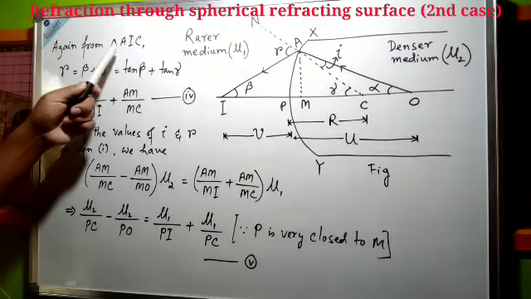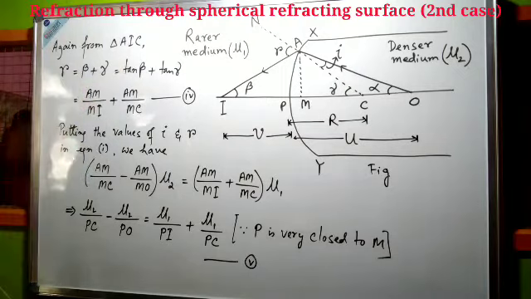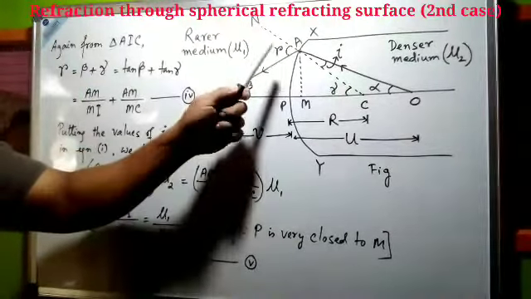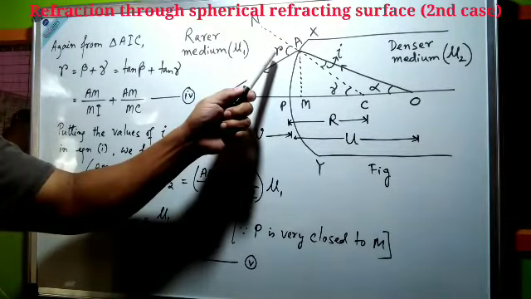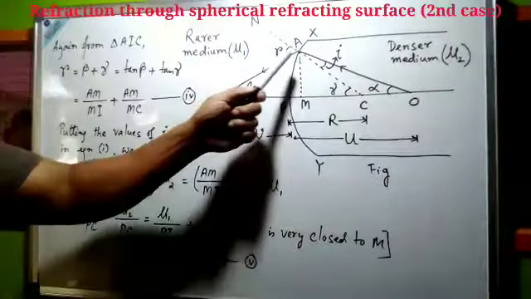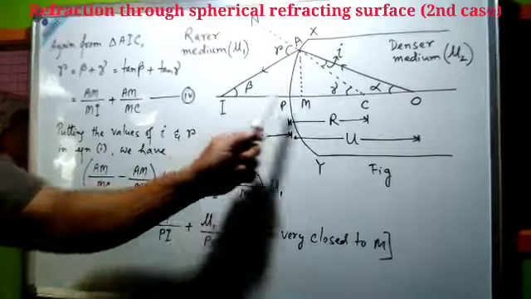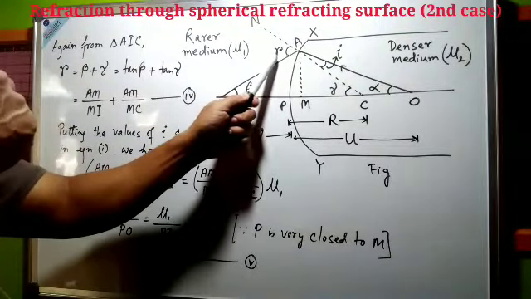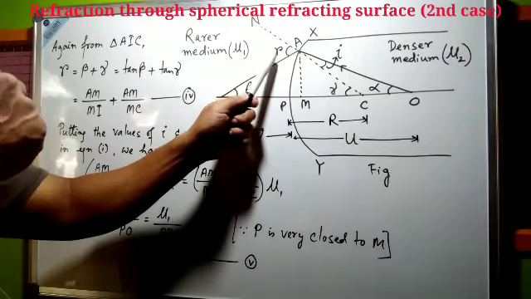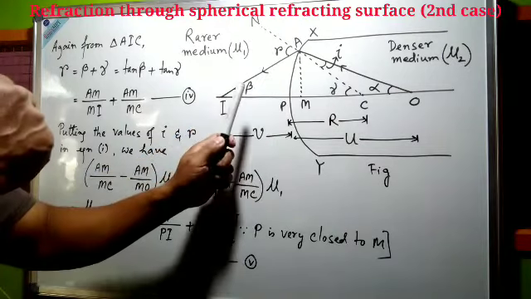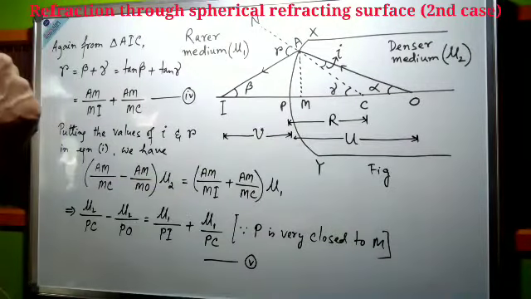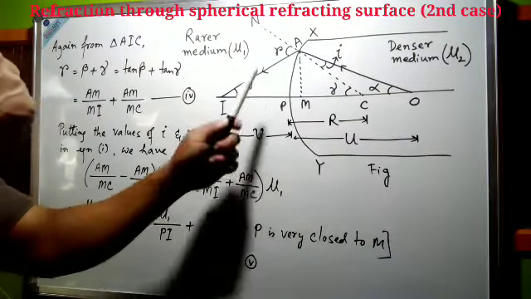Again from triangle AIC, that is we have to consider a triangle containing angle of refraction small r. So let us take triangle AIC. In this triangle, R represents an exterior angle and angles beta and gamma represent two interior opposite angles.